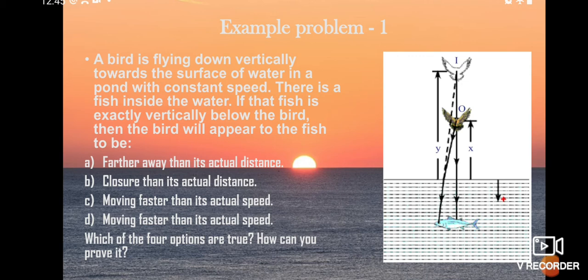So how is the bird appearing to the fish? Where does the bird image appear to the fish?